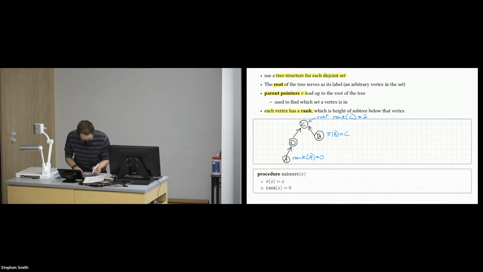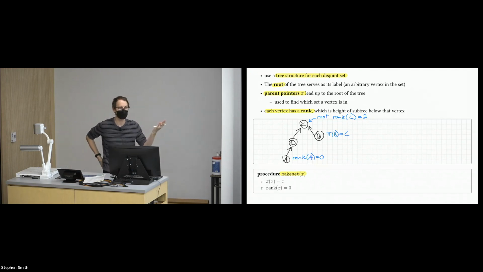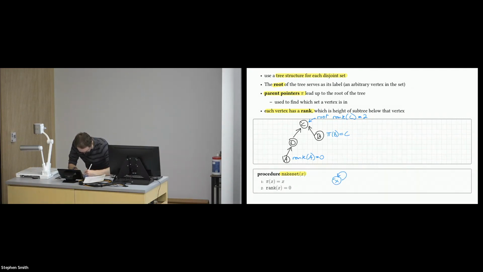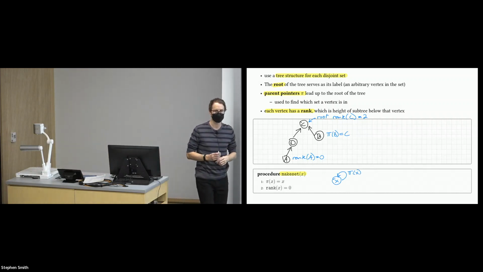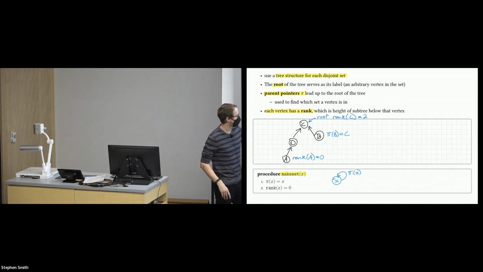So make set then is easy. I give a single vertex, and I want to make a set for the connected component. So I take X, and pi of X points to itself so that I know it's the root, and the rank is 0.